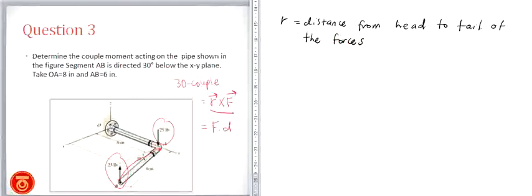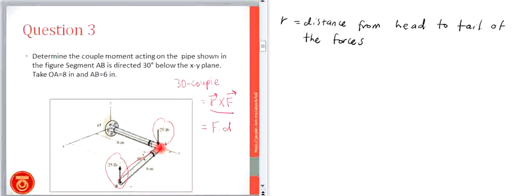For example here, the R is from this point. This is the head of, for example, this is F1 and this is F2, the head to the tail of the force. So this is R. You need to work out, from here to here, what is the vector?